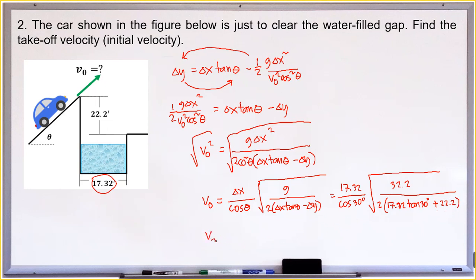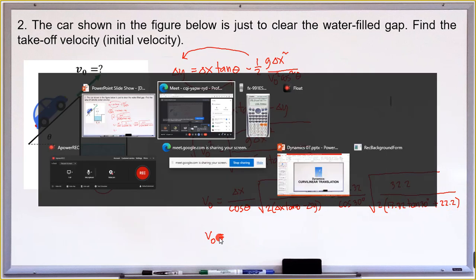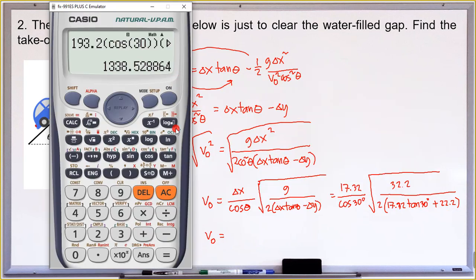Okay, so our initial velocity v naught is equal to... we will use the calculator, but first let's simplify the expression inside the radical symbol, so the calculator doesn't load. So 32.2 divided by 2 times 17.32, times tangent of 30, and then plus 22.2. Equals, and then take the square root.